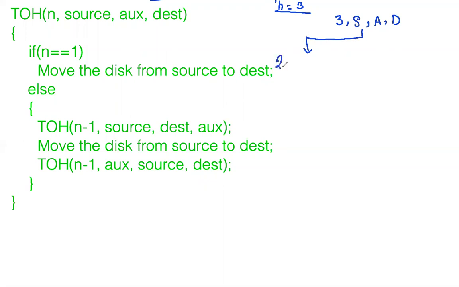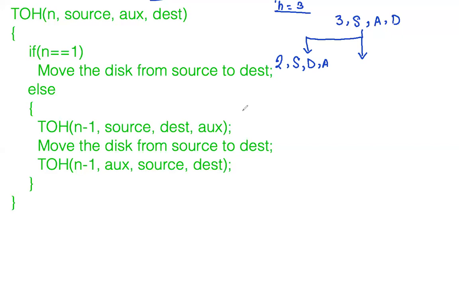So we write 2, S, D, A. Let us come to that part later. Now once it is done, SDA, again it's a recursive call.